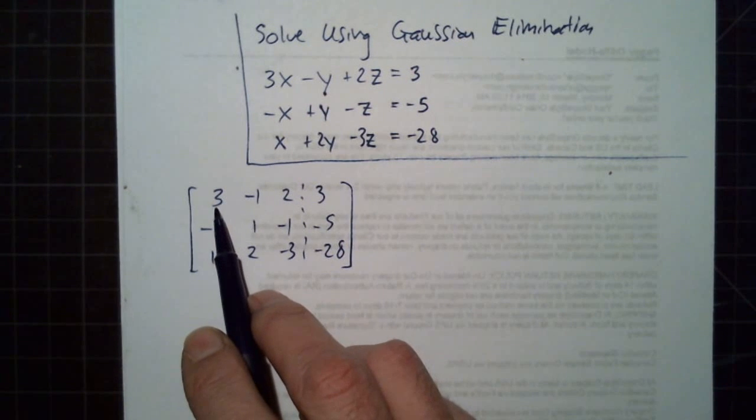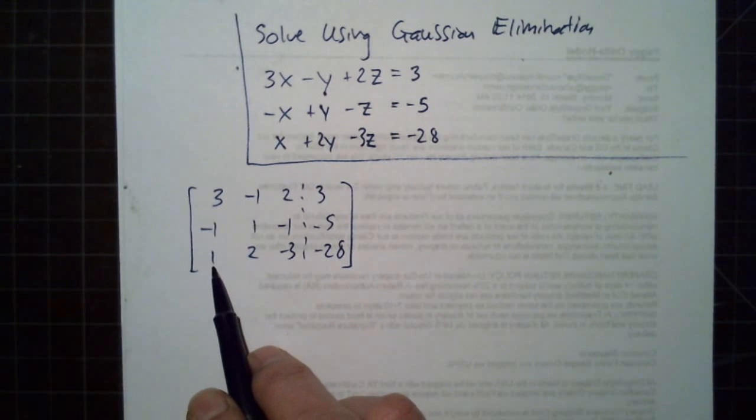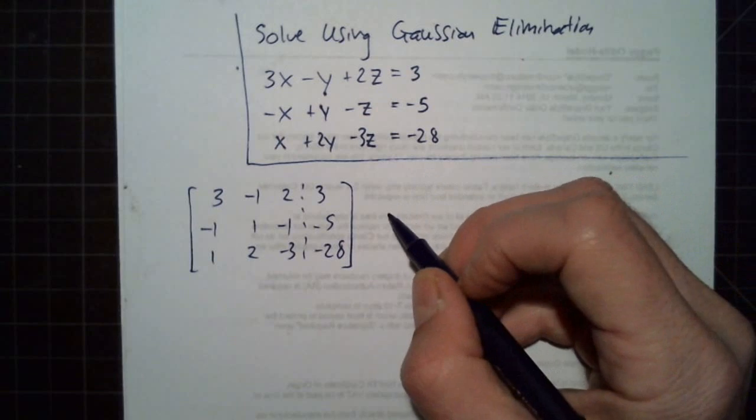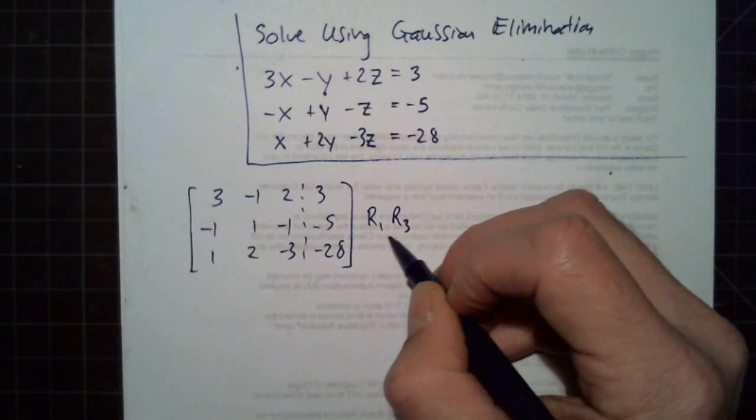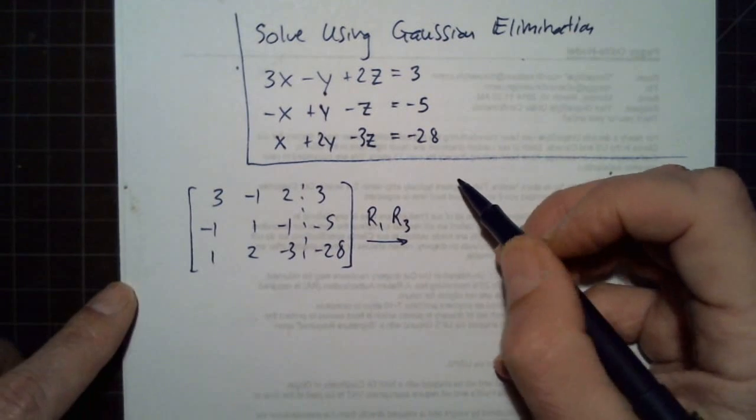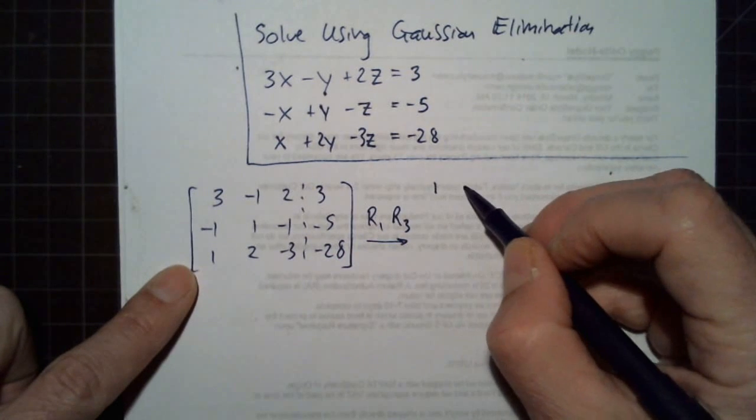So we check. Is that a 1? No. We could divide this row by 3, or we can just switch rows. So let's switch row 1 and row 3, and that means row 3 will now be here.